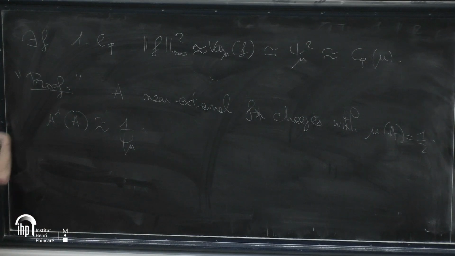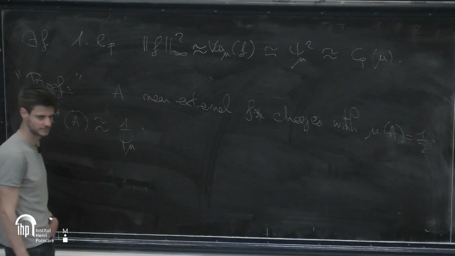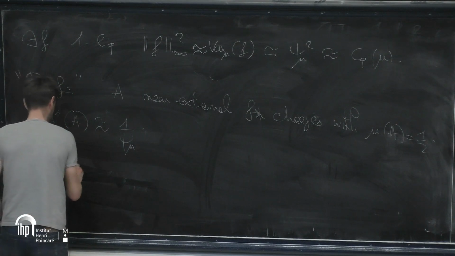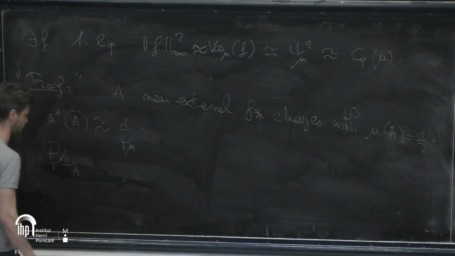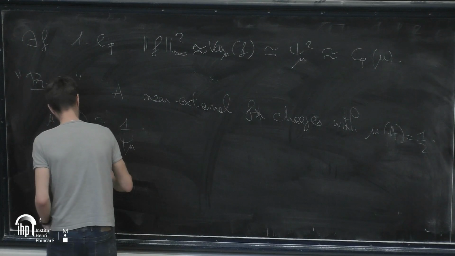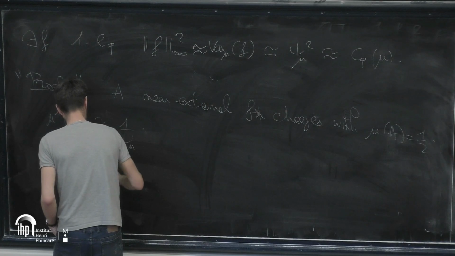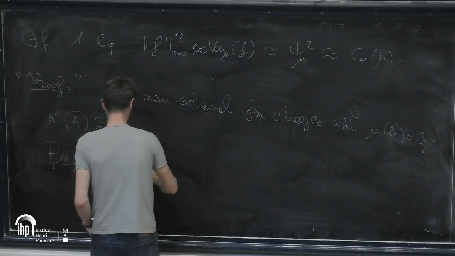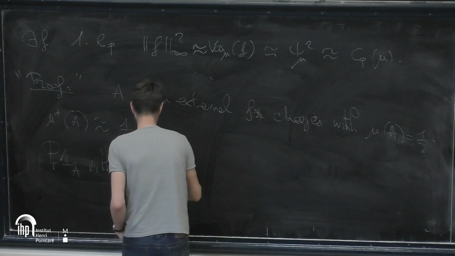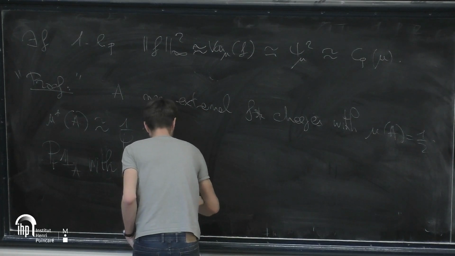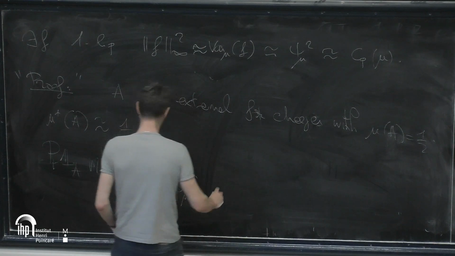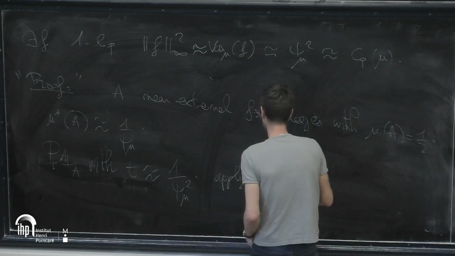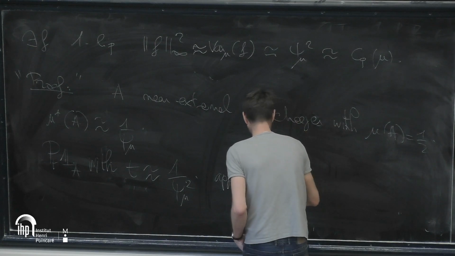And then you regularize this guy. So you consider a P_T indicator of A, with T of the order of 1/psi of mu squared, and apply the two propositions.